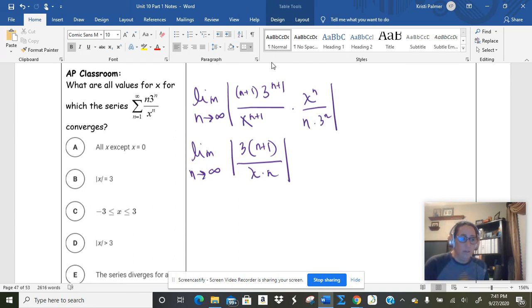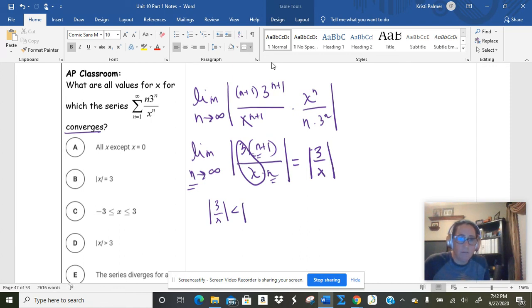So what's cool is this. When I take my limit, I'm taking it with the n, and the n's are growing at the same rate, so I would take the coefficients in front, which would be this. Okay, so it says, when will this converge? What would that x value have to be? Well, I want to know, when is that less than 1?